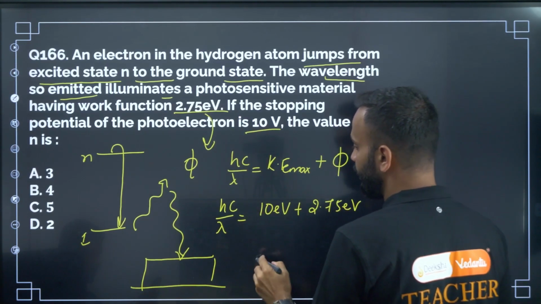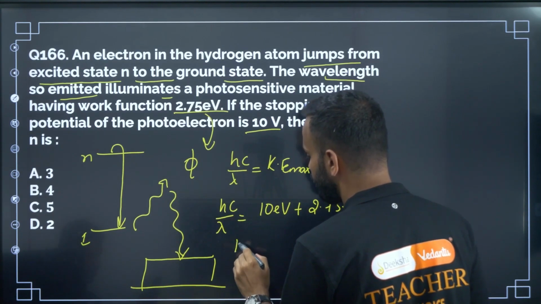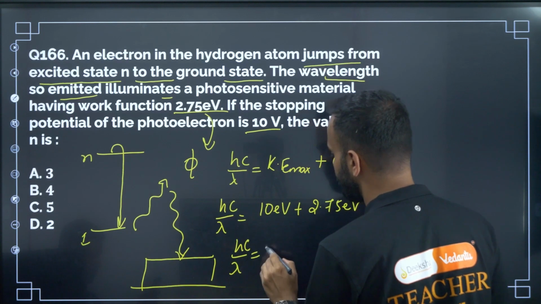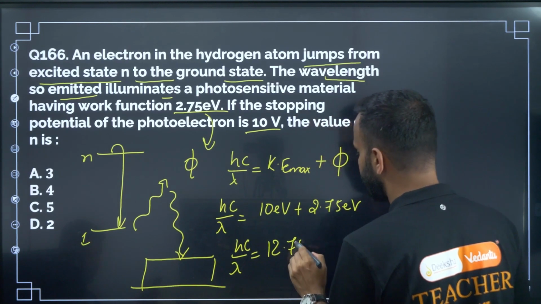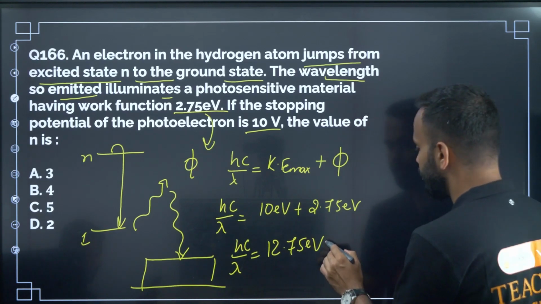So the energy of the incident photon is 12.75 electron volt.